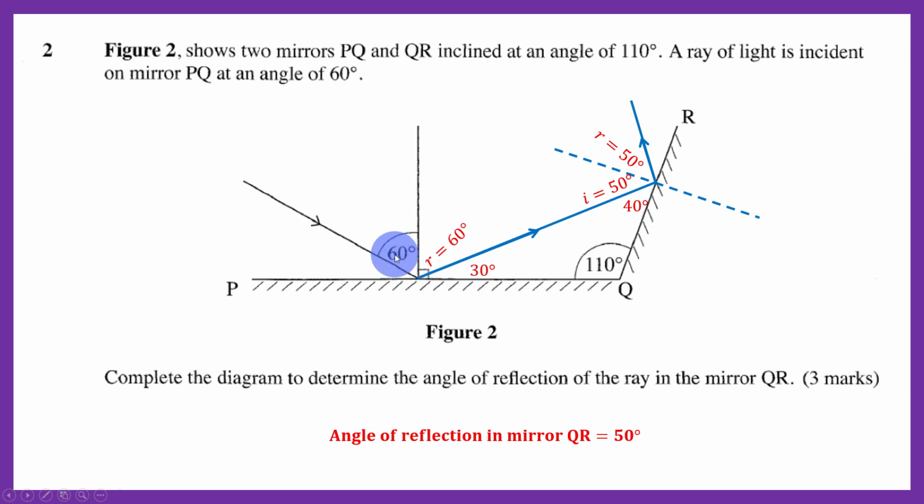The angle of incidence is given, so it's up to me to use the laws of reflection and know that the angle of reflection is 60 degrees. At the second point of incidence, I have to identify the angle of incidence as 50 degrees, and by using the same law, I get the angle of reflection as 50 degrees. You can see that when you follow these rules, questions become very easy.